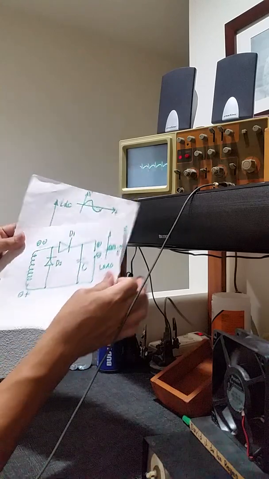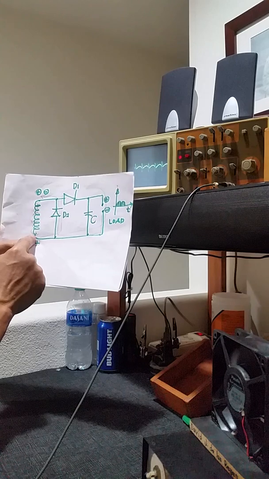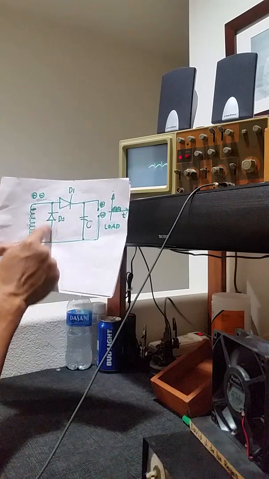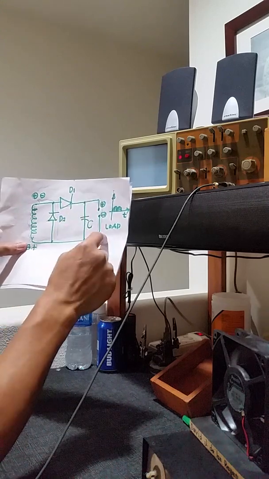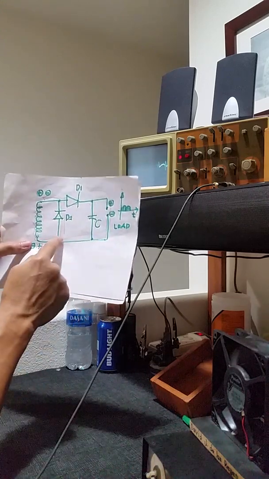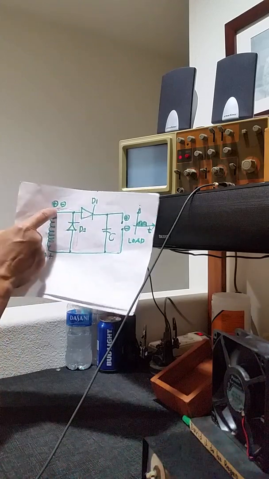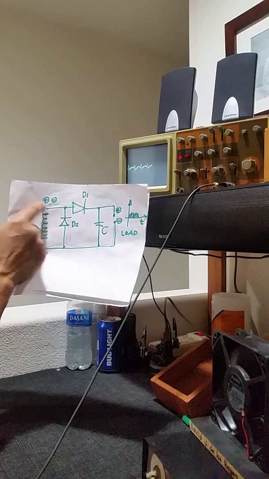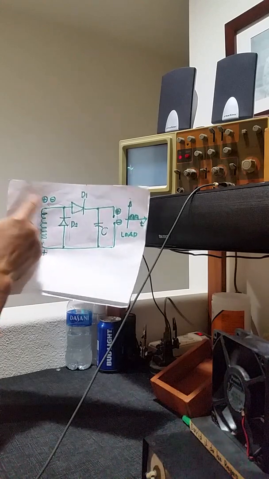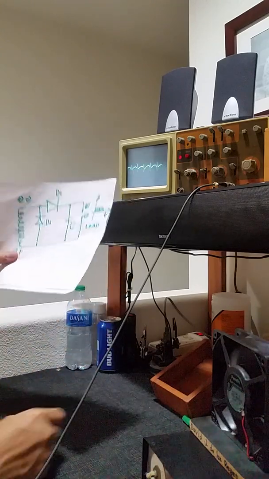For the negative alternation again, this will be plus, so the current will flow from here. It goes through diode 2, it goes through diode 1, passes through the load, goes back here, passes through diode 2, then goes back to the top portion. Because when this is plus, it should come back here. It's just the reverse.